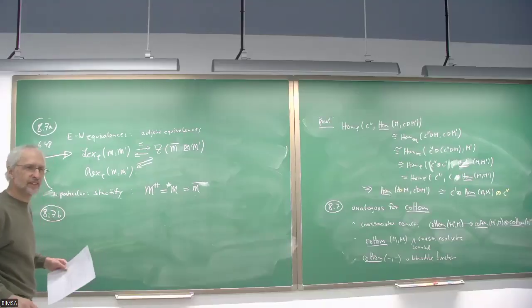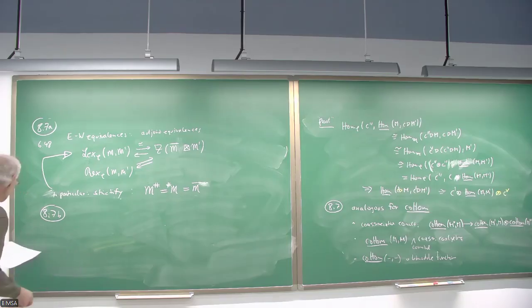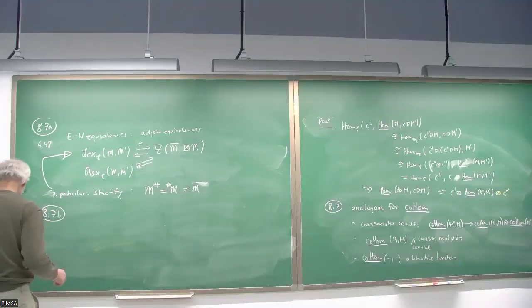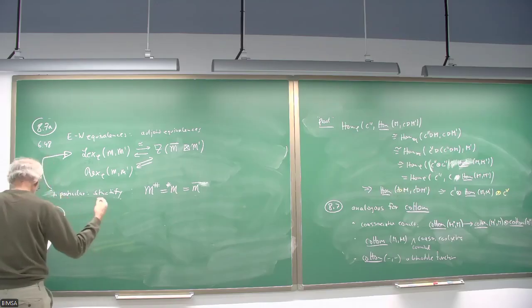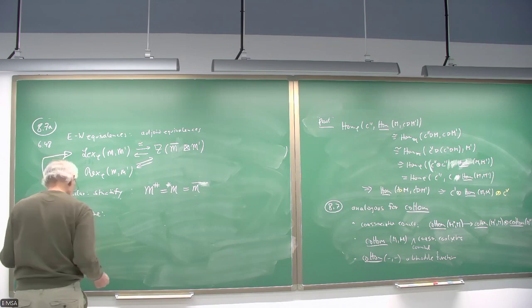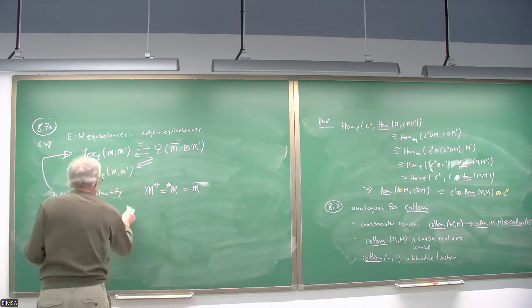Now I talk about ends and co-ends in the sense that we used this week. So we assume C is finite tensor and M is a C module, and then we define the following assignments.